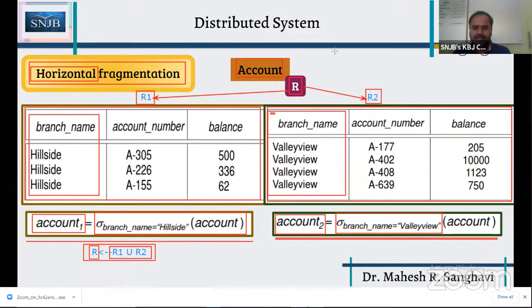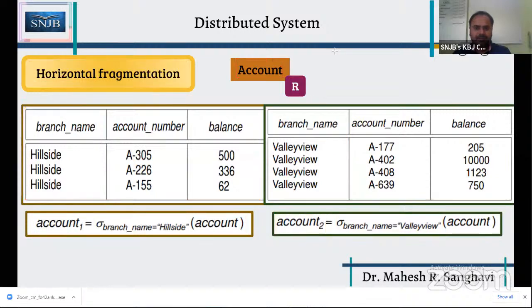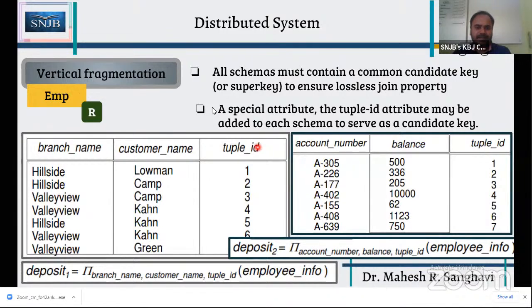Let's look at the concept of vertical fragmentation. Suppose we have a table. Vertical fragmentation means we have to vertically crop or vertically divide the table. There is an employee table, which is treated as R here, having the fields name, branch name, customer name, then tuple ID.